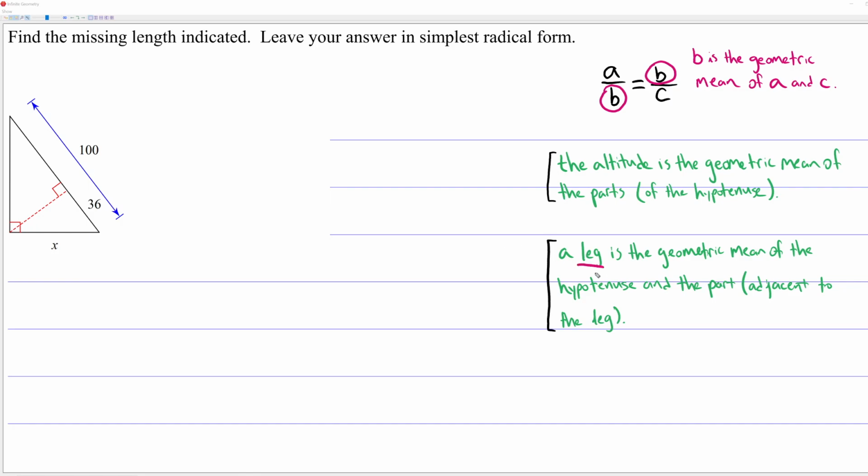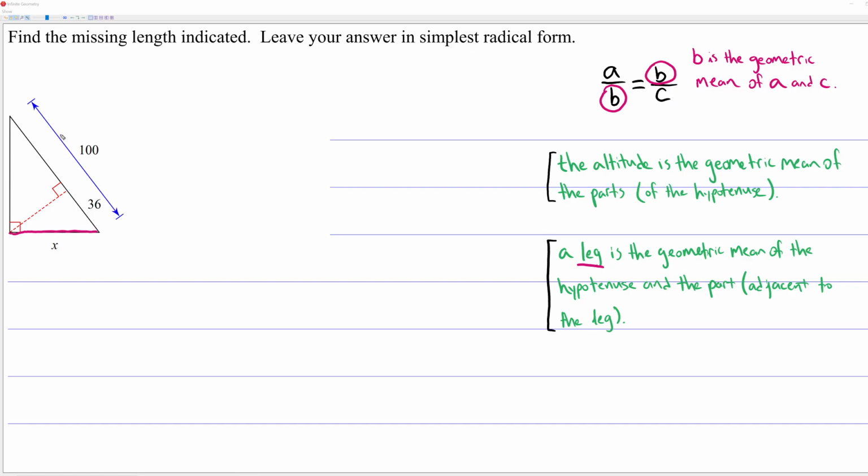A leg? Well, that's talking about our original triangle, which is a right triangle. A right triangle has a hypotenuse, the longest side, and two legs. So x here is a leg. So this leg, which is marked with this pink color, is the geometric mean of the hypotenuse. Well, I'm not going to label that. The hypotenuse is the longest side.